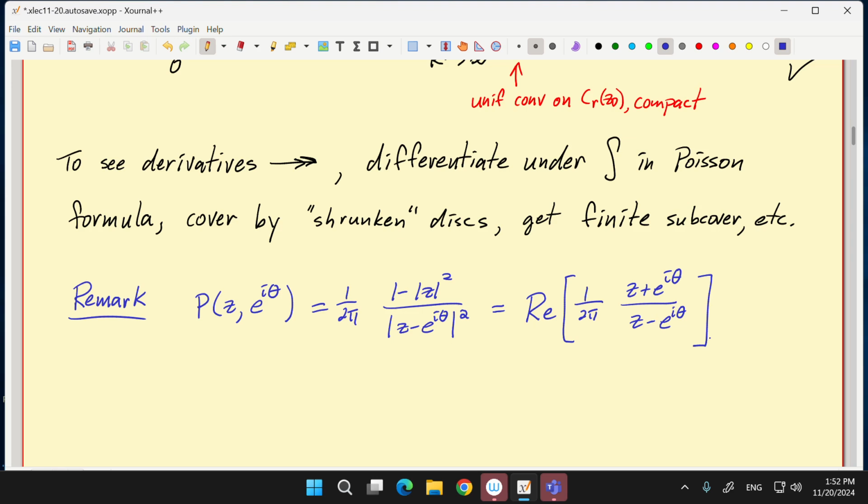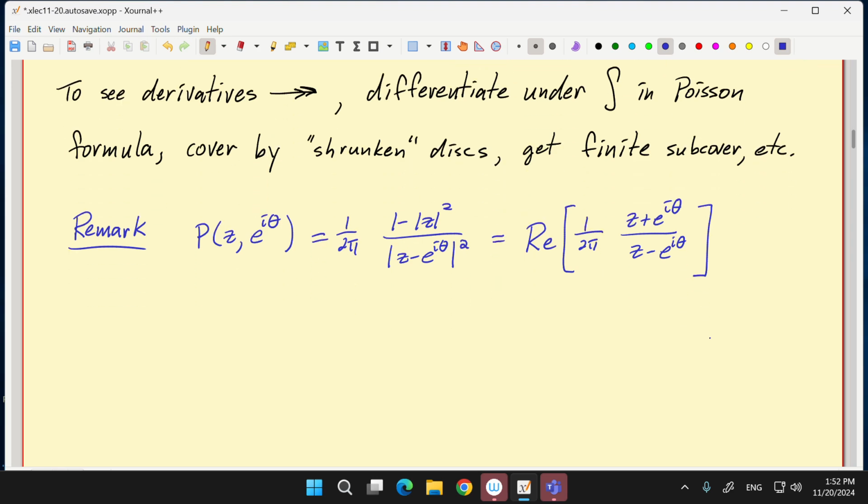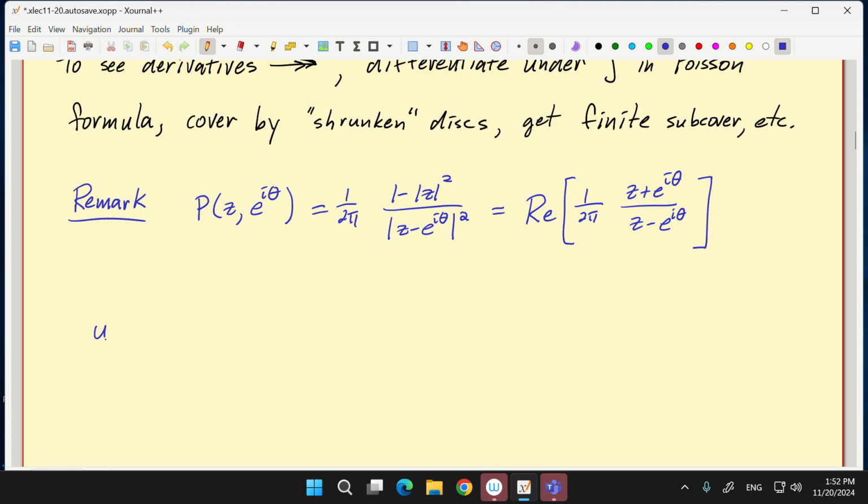And so the Poisson integral, remember u is equal to the Poisson integral. I like to write the Poisson integral like this.